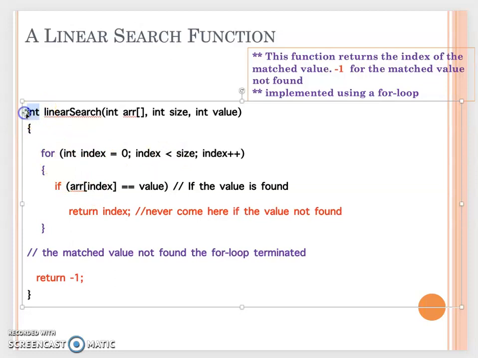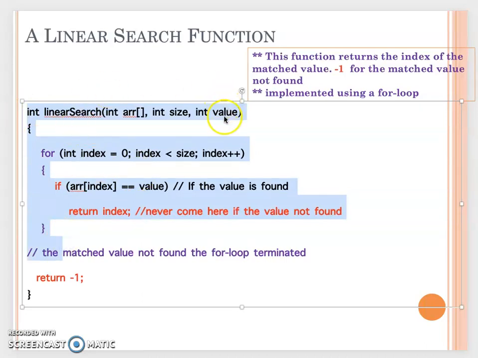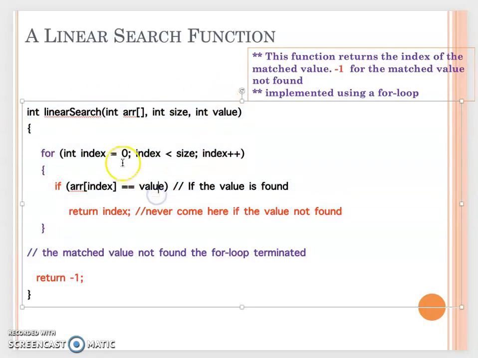Because this function has a return value, if we find the matching value, we just return the index, and then the function finishes. If we didn't find the searching value, the for loop will finish, and we need to return -1 to let the main program know the matching value was not found.